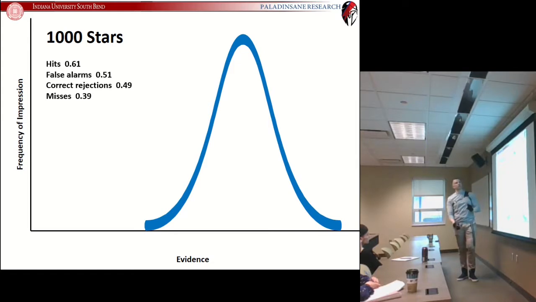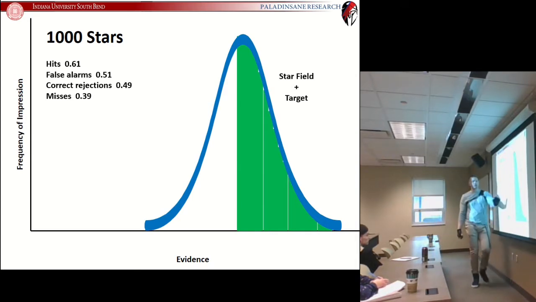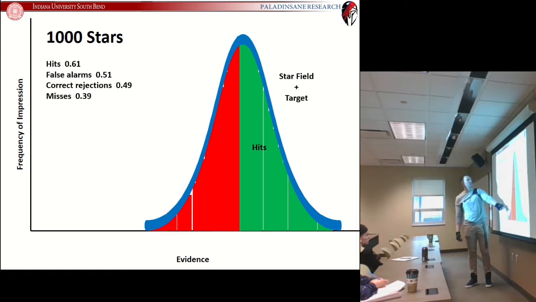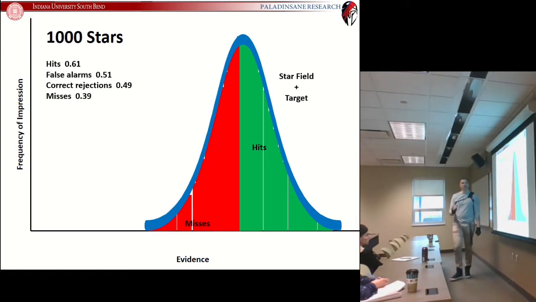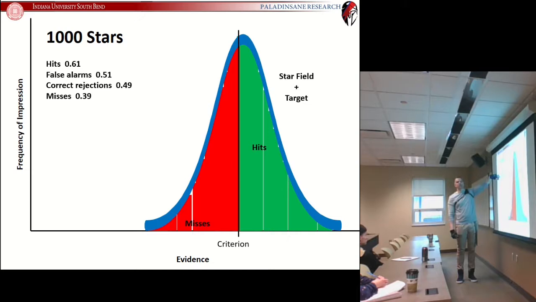So once again, we do the thing. We got the star field plus the target. There are the 61% of the distribution that is the hits. There's the 39% of the distribution that is the misses. That determines where your criterion is. And then for false alarms and correct rejections, we got basically half false alarms, half correct rejections.